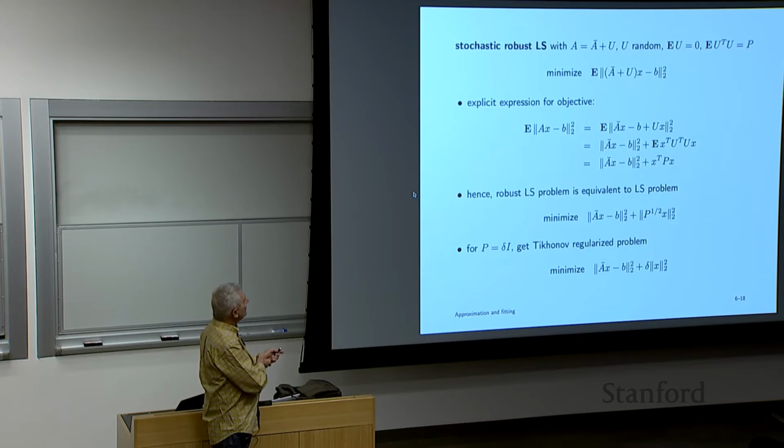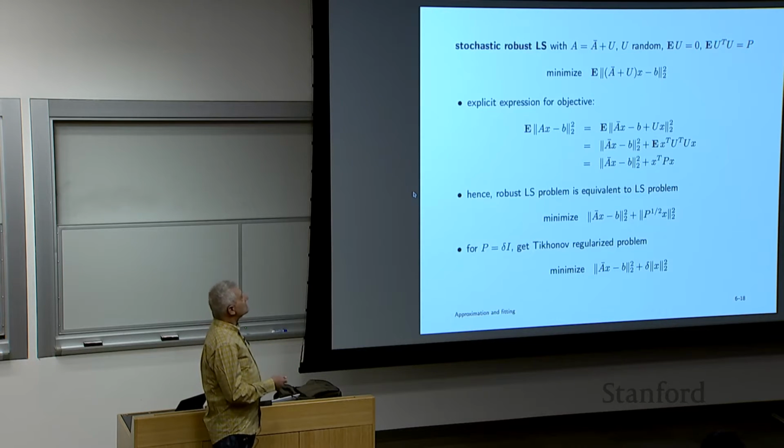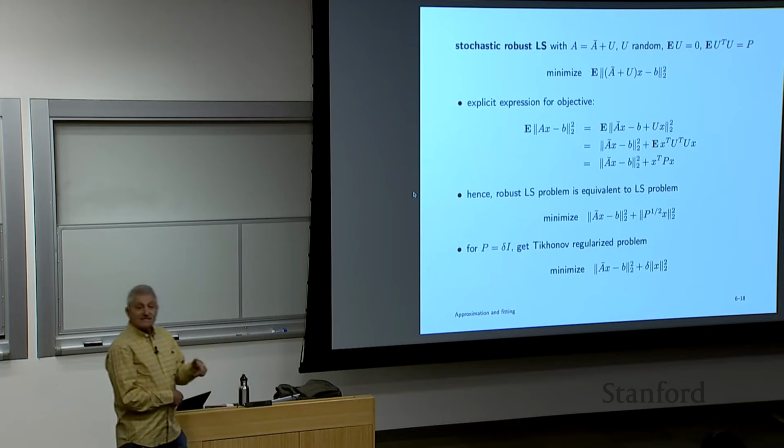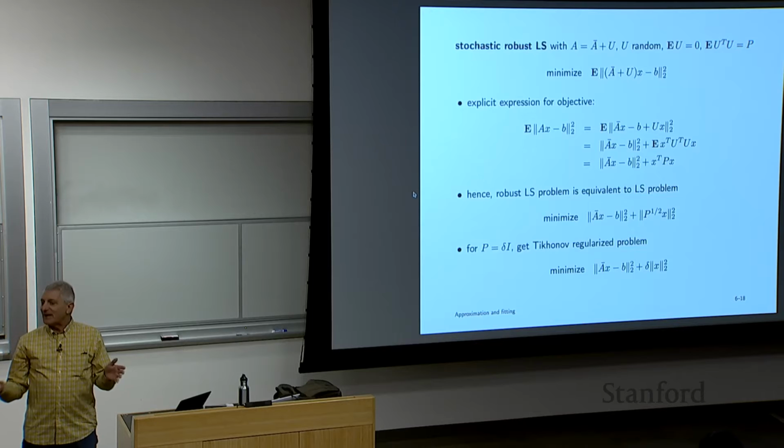We're going to say, well, no, I don't know A. A is A bar, that's kind of like a nominal value of A, plus U. U is a random matrix, zero mean. And let's say that the expected value of each entry of U is P, right? So if P were like little sigma squared I, it says all the entries are completely independent and they're all perturbed by an N(0, sigma squared) value.